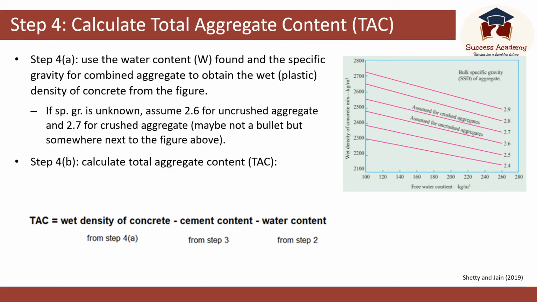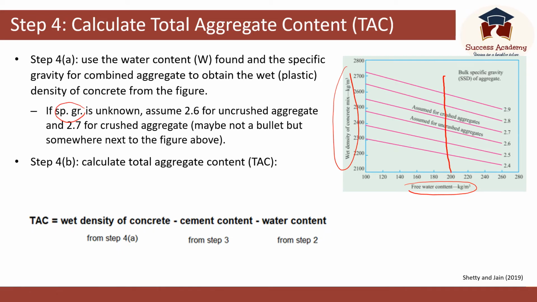Next step is to calculate the total aggregate content. To do this, we first need to find out the wet density of the concrete mix according to the free water content. For example, if we have a free water content of 200, we need to know the specific gravity of the coarse aggregates.